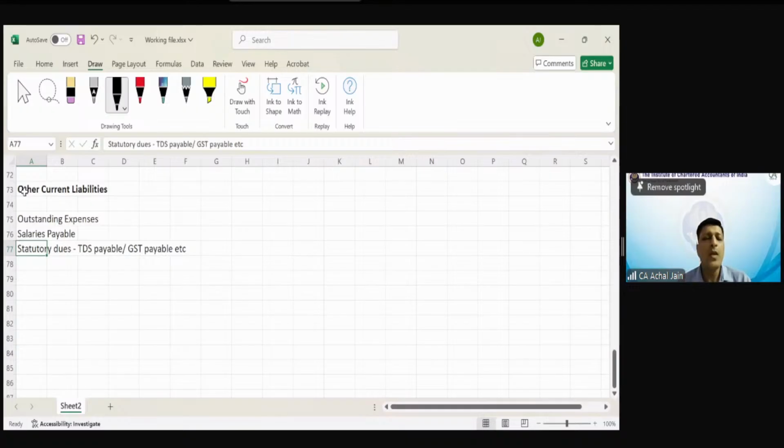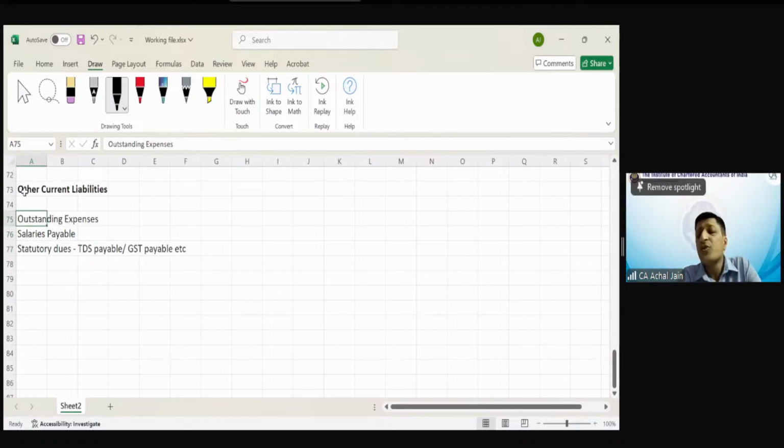So salaries payable, outstanding expenses, statutory dues, TDS payable, GST payable, some of these items are there. Then, further on this, various kinds of procedures one can think of. Okay, let's try to discuss some of them one by one.